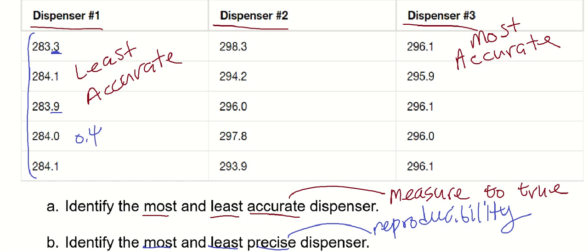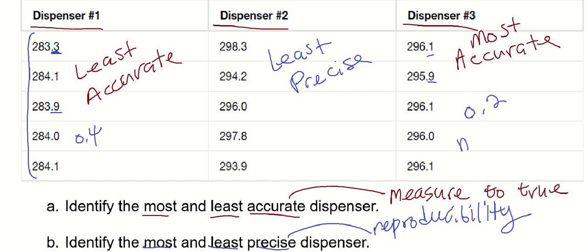Now over here, oh, this one's least precise, looks like, because they're kind of all over the place. I don't even need to do any math for that. And this one here, that's the lowest number, that's the highest number. So this one's off by 0.2.